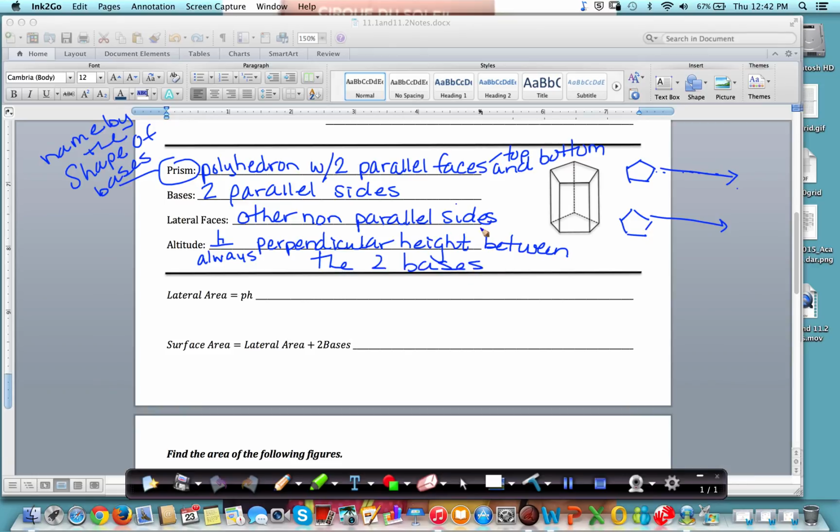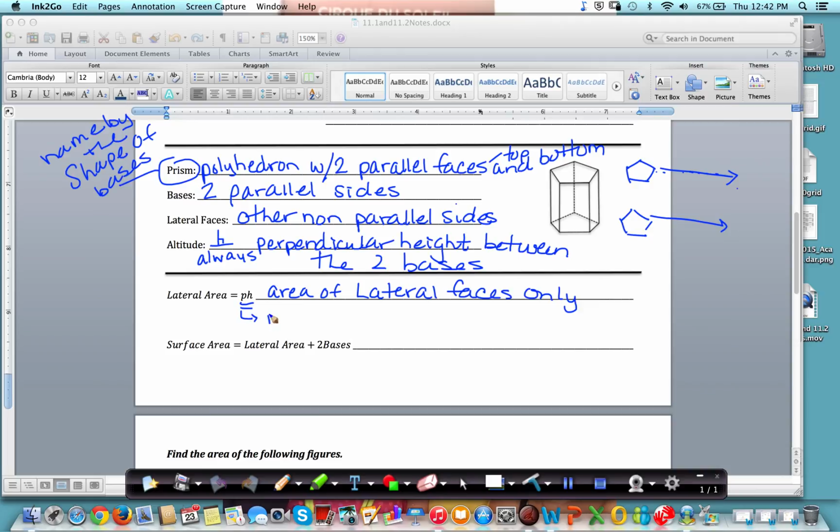So all of these figures can have what we call the lateral area, and that is the area of just the lateral faces, lateral faces only. We do that perimeter times height.